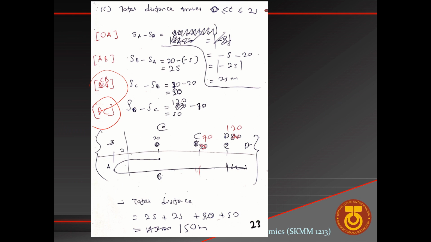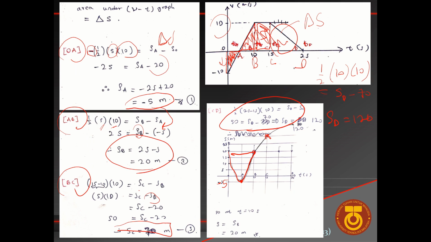You want to have the distance traveled. So now what you need to do is draw the path of the particle. This is the reference point. Start from 20, and then it goes to -5, meaning that it goes in the opposite direction, and stops and changes direction at -5, and then goes straight until it stops at 120.